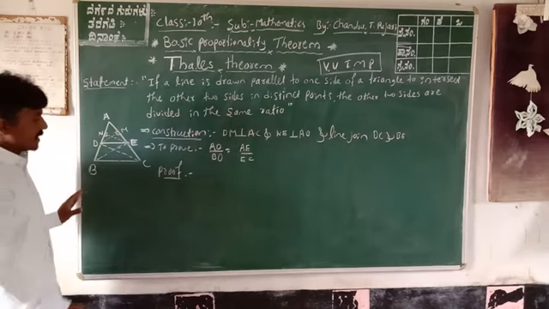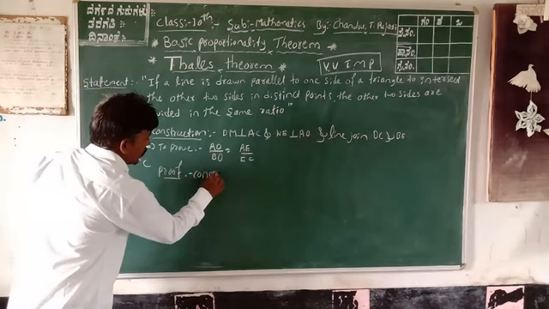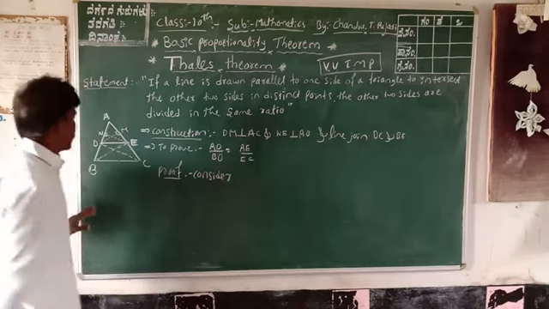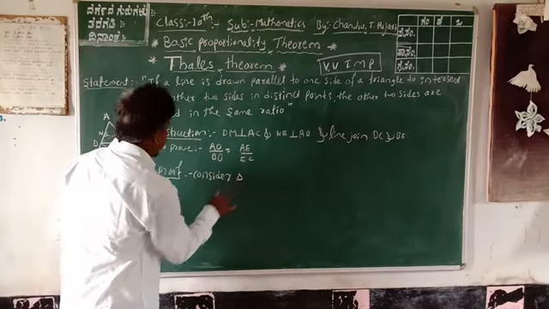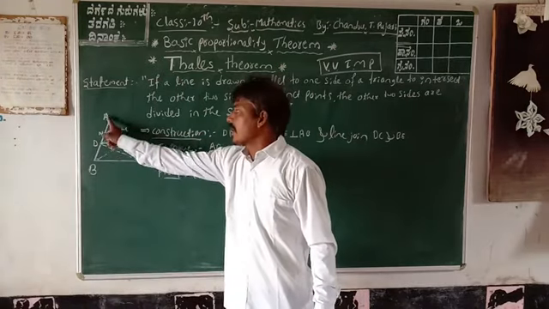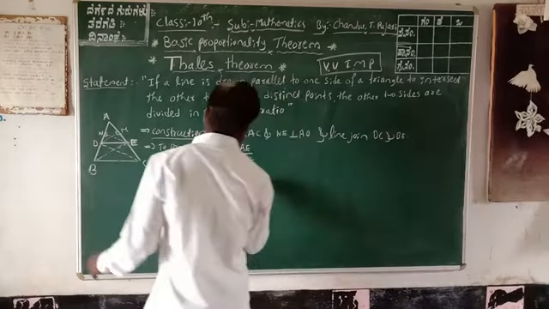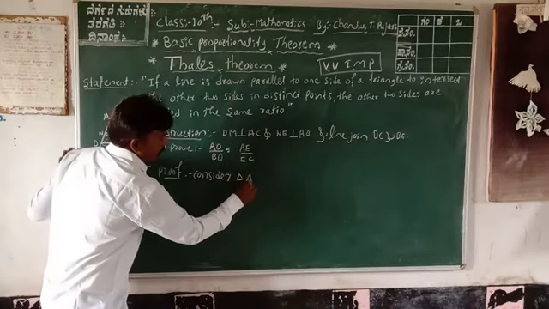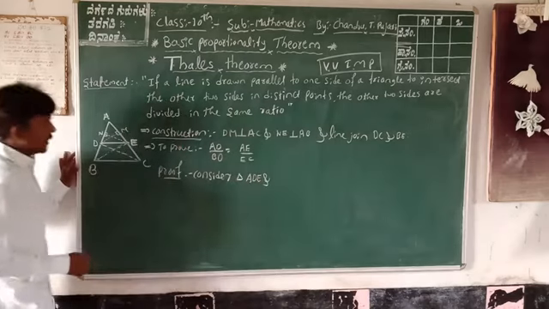Therefore, in the proof, consider triangle ADE, and another triangle is what?